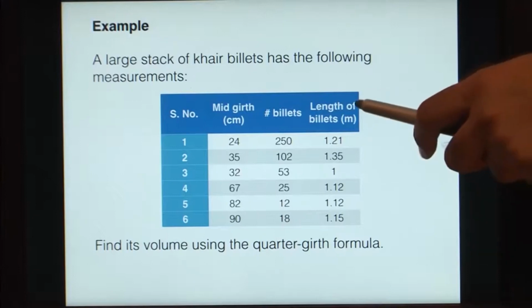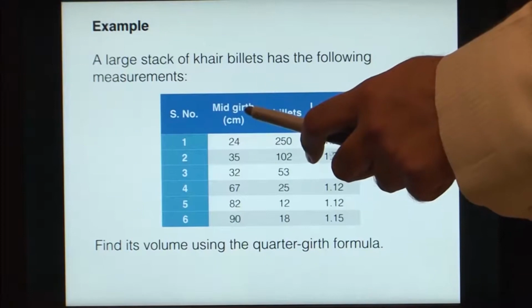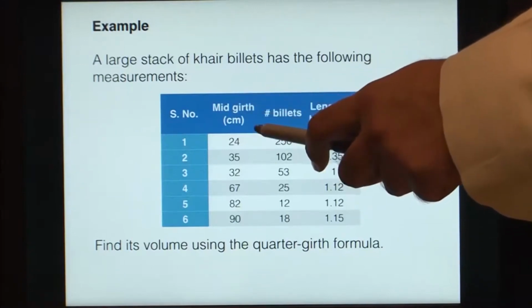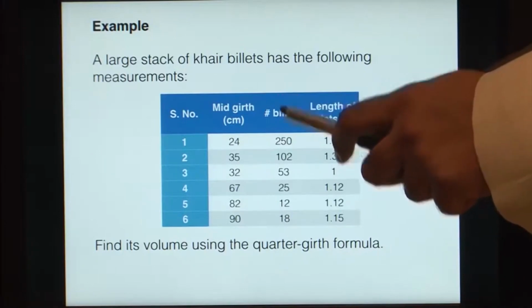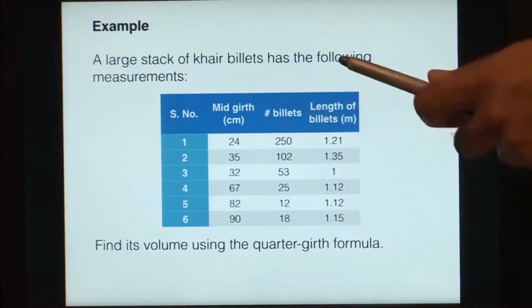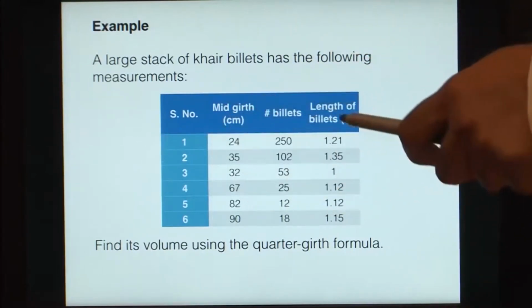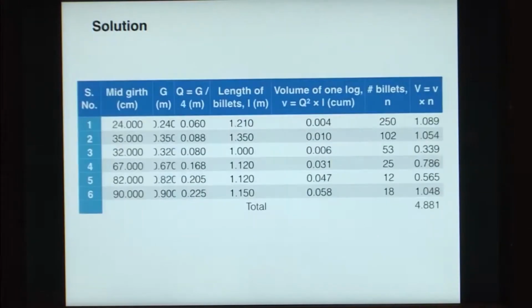You compute G by 4, square it, multiply it by the length of the billets and by the number of billets. By using that you get the volume of this substack, and if you total all the volumes you get the volume of the complete large stack of billets. This is how we are going to do it.